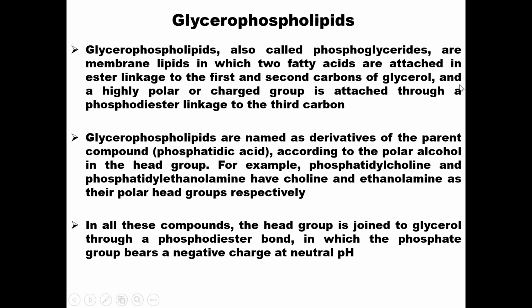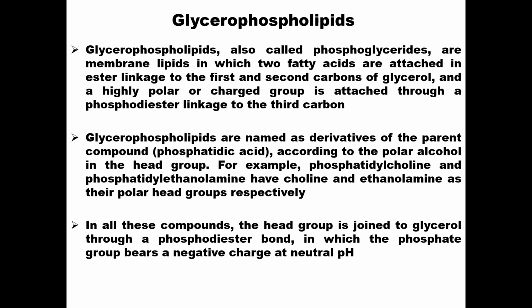From the name, they are also called phosphoglycerides. They are membrane lipids in which two fatty acids are attached in ester linkage to the first and second carbons of glycerol, and a highly polar or charged group is attached through a phosphodiester linkage to the third carbon.